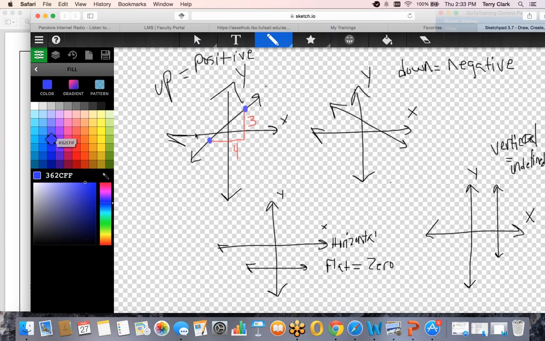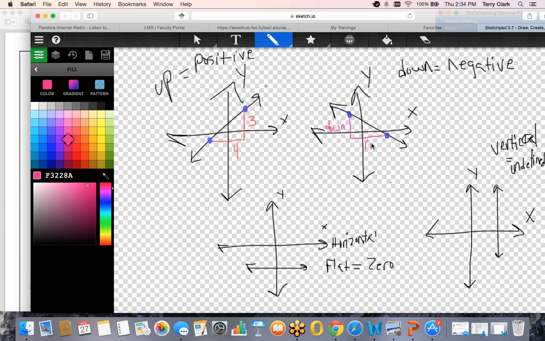And we could do the same thing with the negative one. We'll put a dot here, and we're going to put a dot here, and then we're going to go down and then over. You see how we went down here? We went down, and then we went to the right.